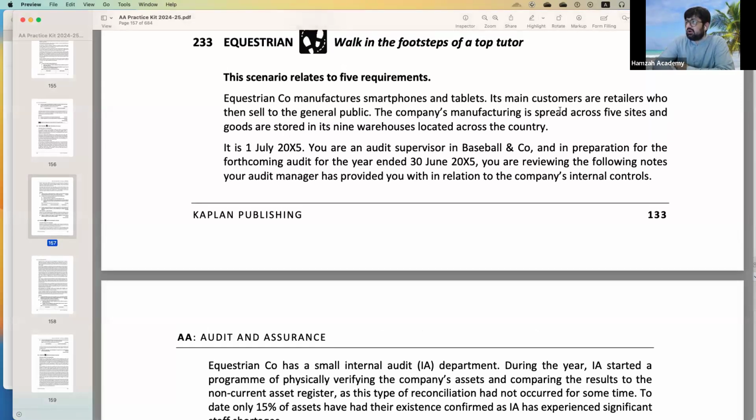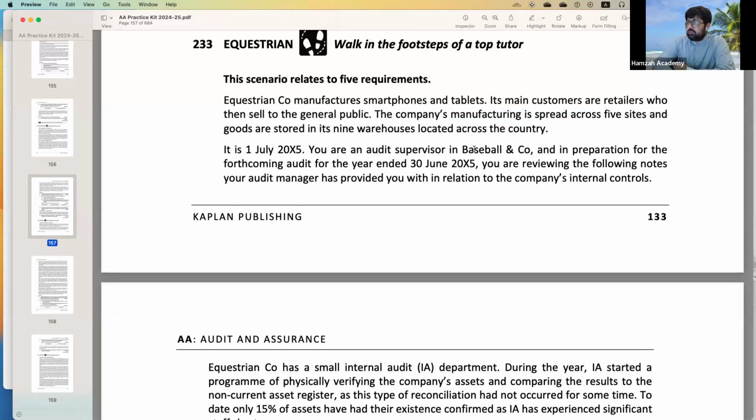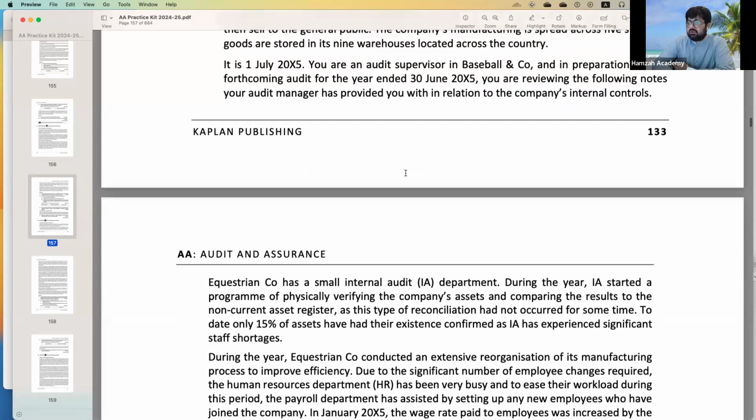Its main customers are retailers, who then sell to the general public. The company's manufacturing is currently spread across 5 sites, and goods are stored in its 9 warehouses located across the country. It is 1st July 20. You are audit supervisor in the company in preparation for the forthcoming audit for the year ended 30th of June 2025. You are reviewing the following notes your manager has provided you in relation to the company's internal control.